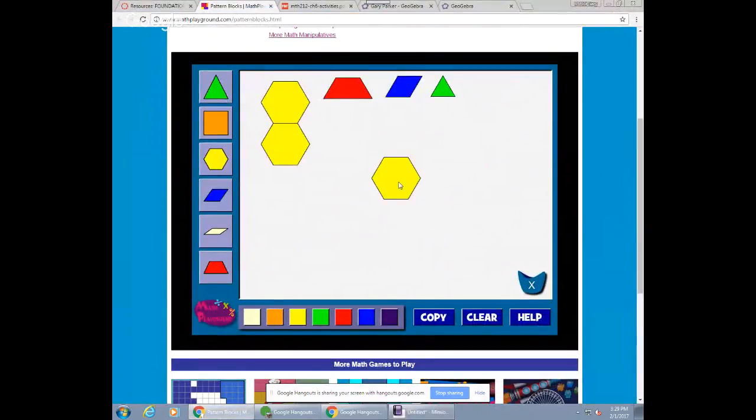So here's my whole up here. This yellow right here is a half of it. If I grab a blue, that's 1/3 of that piece. If I grab another blue and rotate it, I now have 2/3 of that piece. So what I have right here is 2/3 of my 1/2.